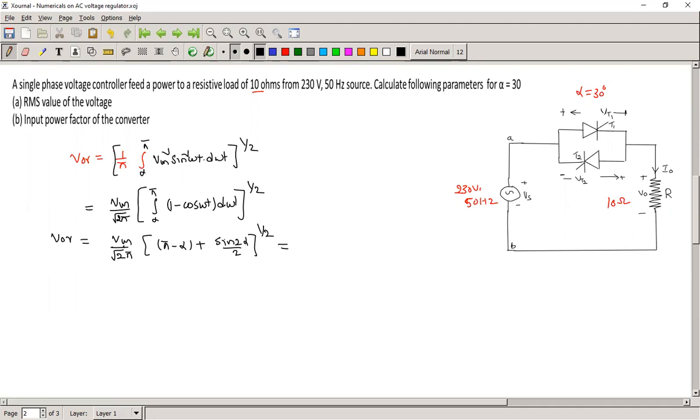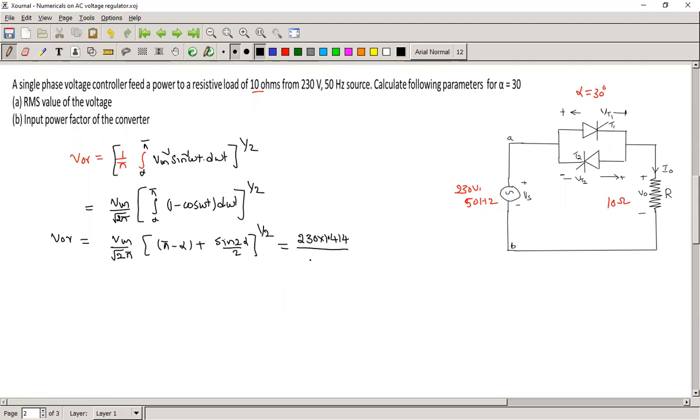So you substitute Vm, the maximum voltage, as 230 into 1.414, because in the problem it is given as RMS voltage only. Whatever voltage is given for the source, that is the RMS voltage unless it is mentioned as a maximum voltage.